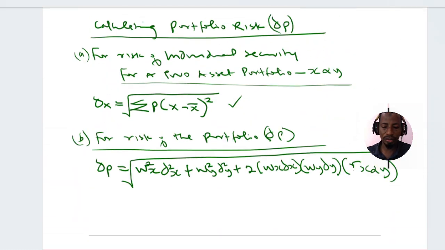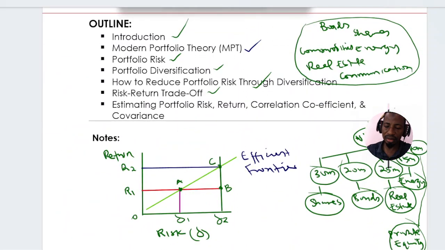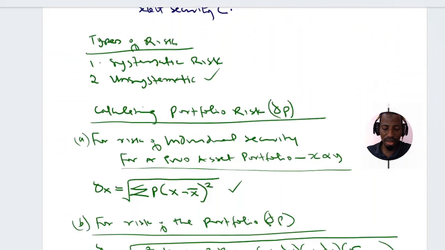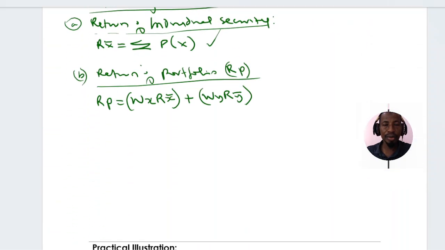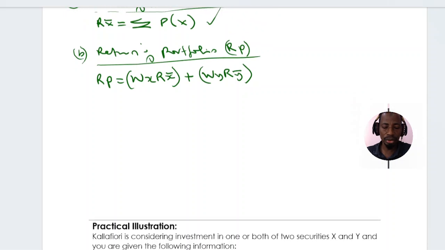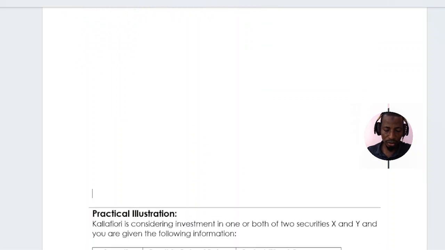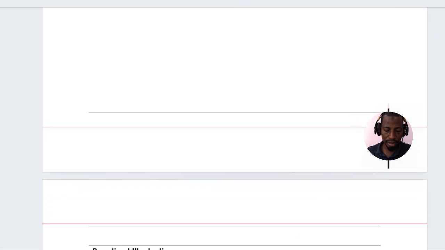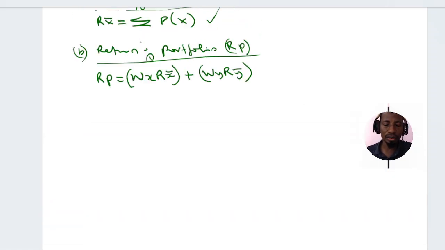Then number 3, we want to talk about how to estimate correlation coefficients. So what do you mean by correlation coefficients? The correlation coefficient measures the relationship that exists between securities in the portfolio.